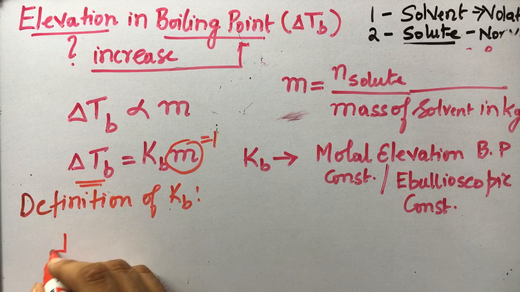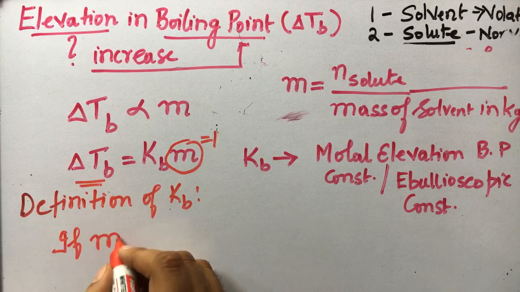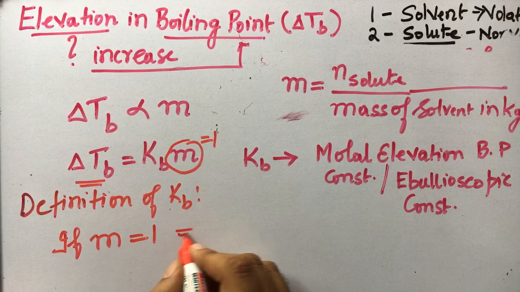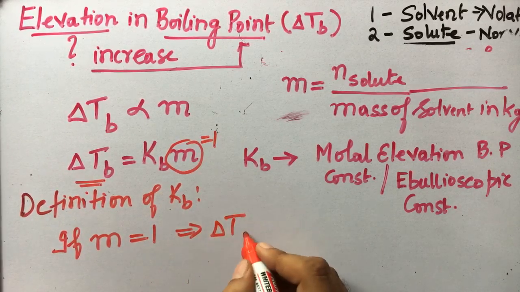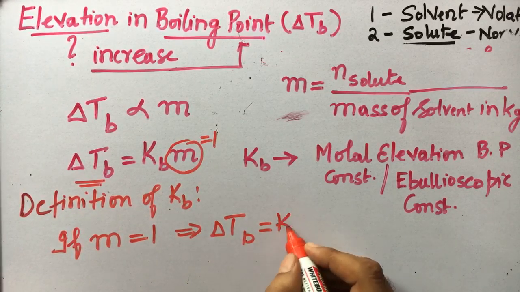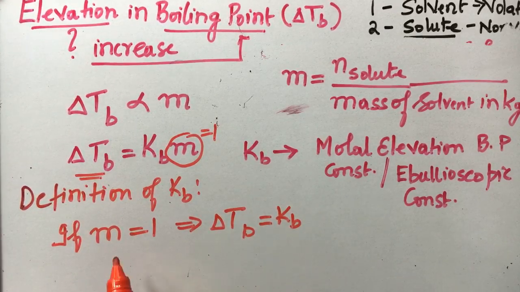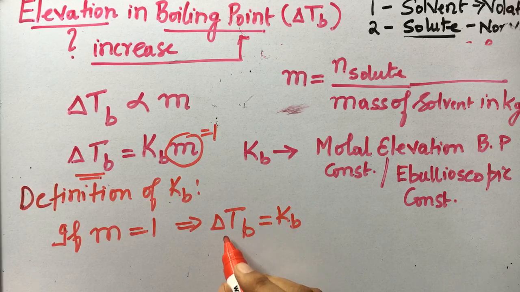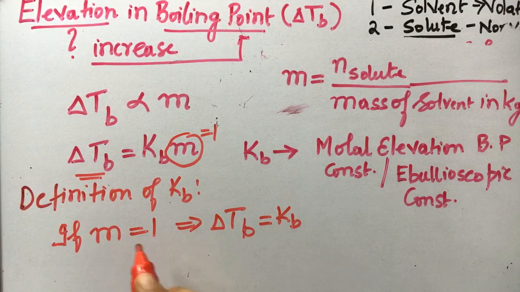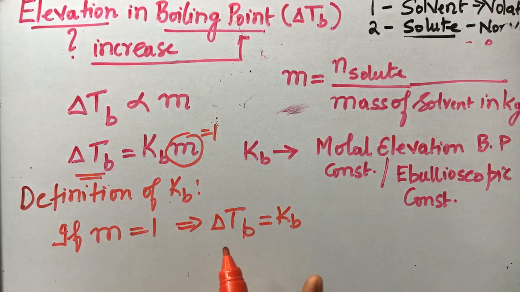So if molality is equal to 1, then delta TB is equal to Kb. The molal elevation boiling point constant is the elevation in the boiling point when the molality of the solution is 1, or when 1 mole of solute is dissolved in 1 kg of solvent.